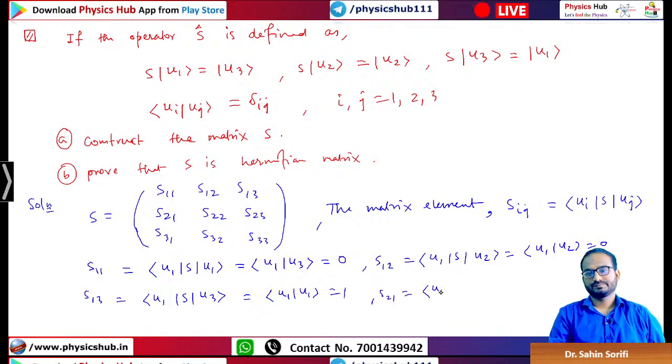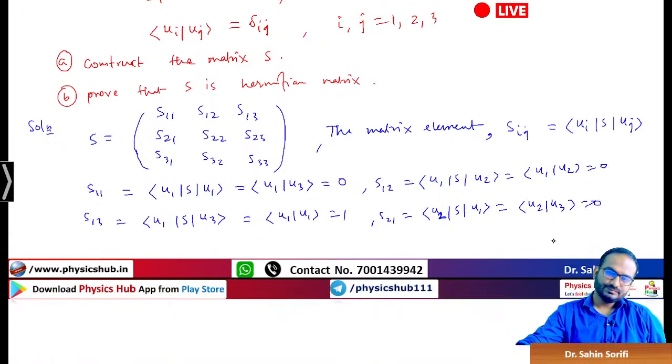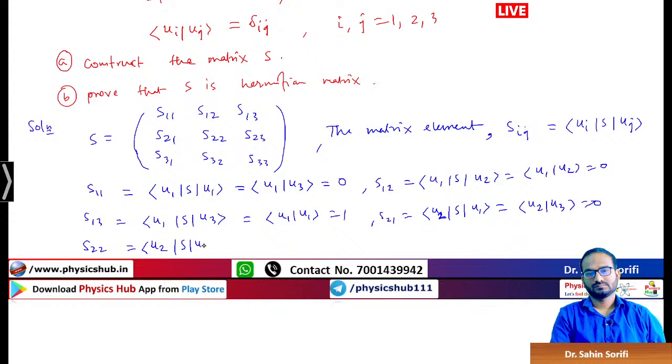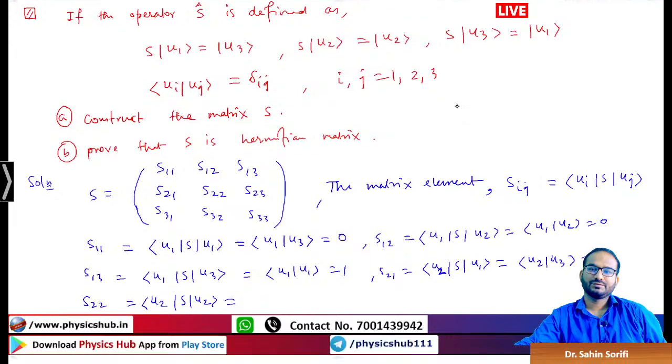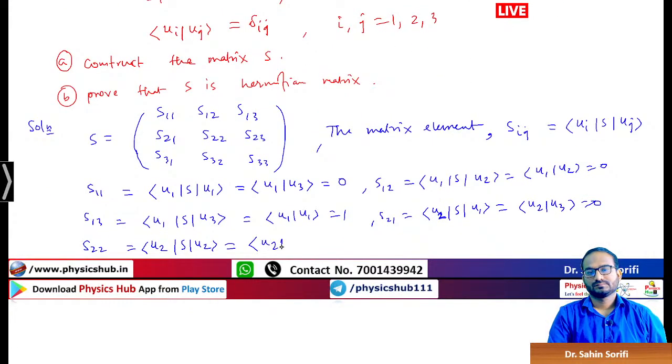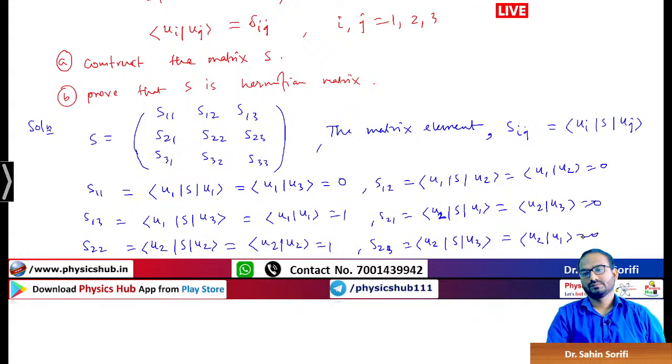S21: S applying on U1 is U3. So U3 U2 is 0. Is it difficult? What answer are you getting? S applying on U2 produces U2, you can write it from here, it is already given. S applying on U3 produces U1, so it is 0.